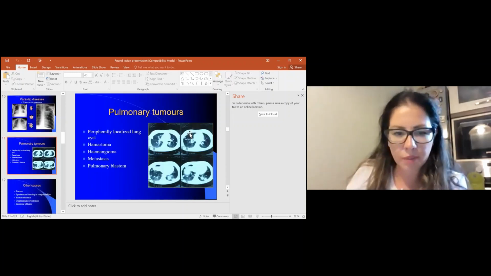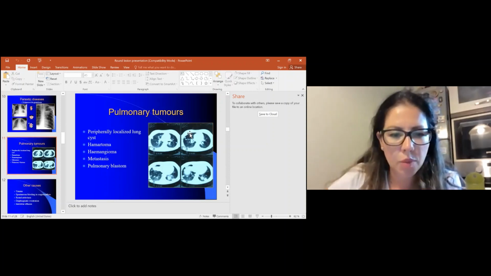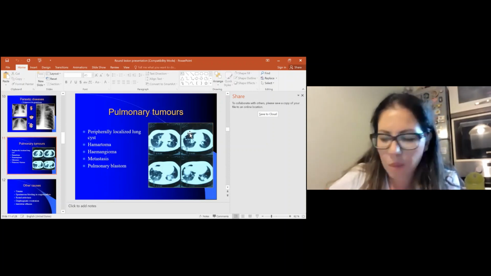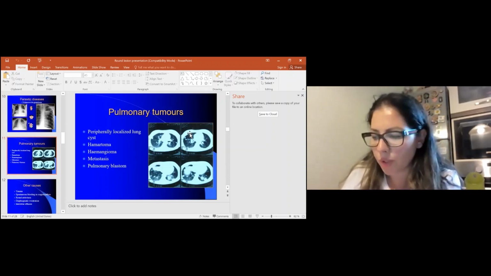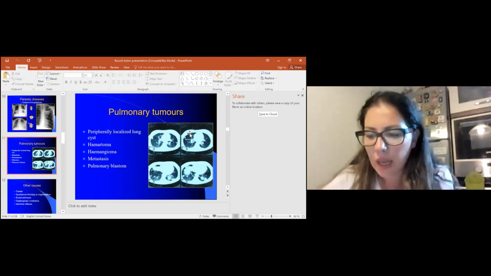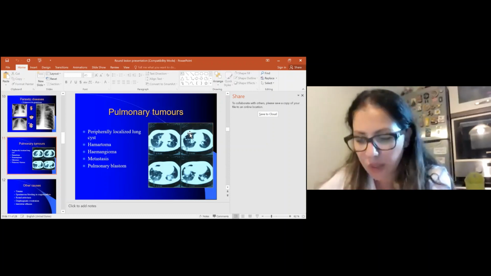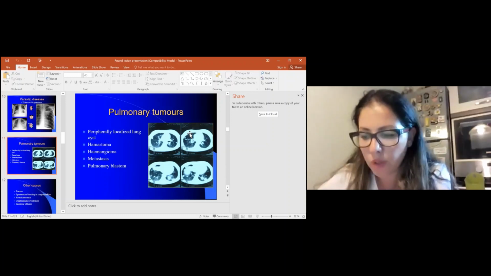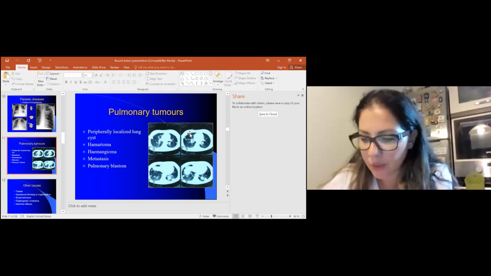Primary tumors: these are peripheral localized lung cysts, hamartomas, hemangioma, metastasis, and pulmonary blastoma. True pulmonary tumors in children are very, very rare, and if we find them, they can be, as I said, peripheral localized lung cysts, hamartoma, the most common benign tumors, 1 to 3 centimeters, made of mixed or normal components of different organs, tissues, plus calcium.